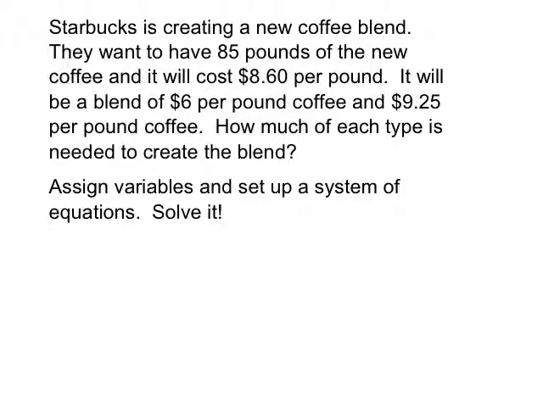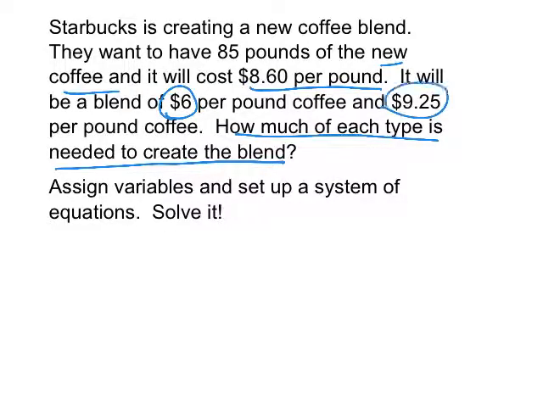Now we need to assign variables and set up a system of equations. So the question is, how much of each type is needed to create the blend? So we have 85 pounds of new coffee, and it's going to be $8.60 a pound, and it's a blend of the $6 per pound coffee and the $9.25 per pound coffee.